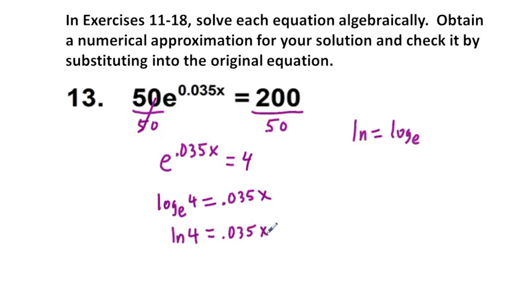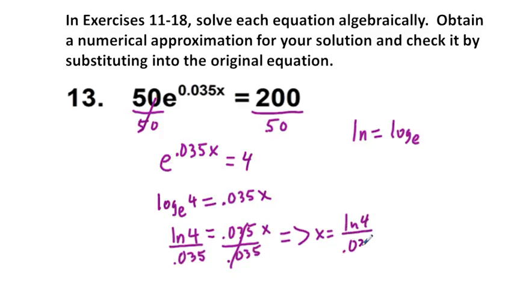0.035x. And solving for x, if we divide by 0.035 both sides of the equation, we have x is equal to the natural logarithm of 4 over 0.035.